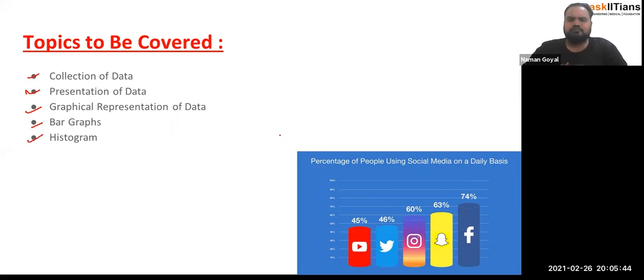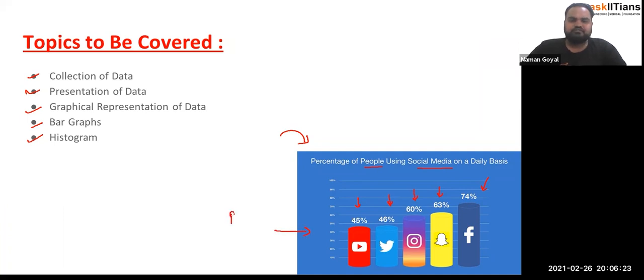If you see here, there is a graphical representation of the percentage of people using social media on a daily basis. There is a data for a company. There are 74% people who used Facebook, 63% used Snapchat, 60% Instagram, 46% Twitter, and 45% YouTube.